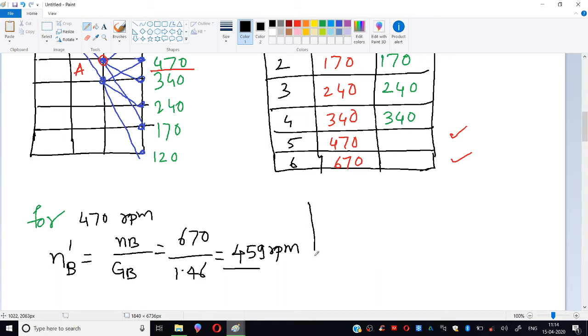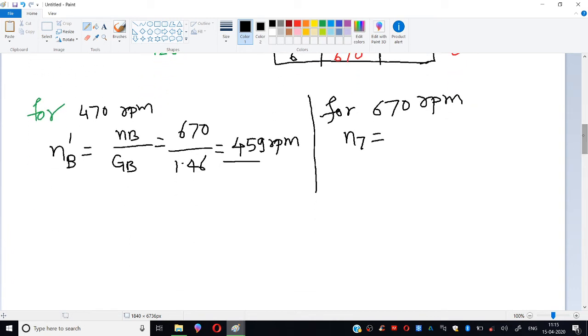And for the next one, for 670, how can we proceed? For 670 rpm we need the next speed, which we haven't calculated. So first we will calculate n7. As we are dealing with n6, we need the next value so that we get the deviation. For n7, the formula is 120 into 5 raised to power 6, which is equal to 945 rpm.